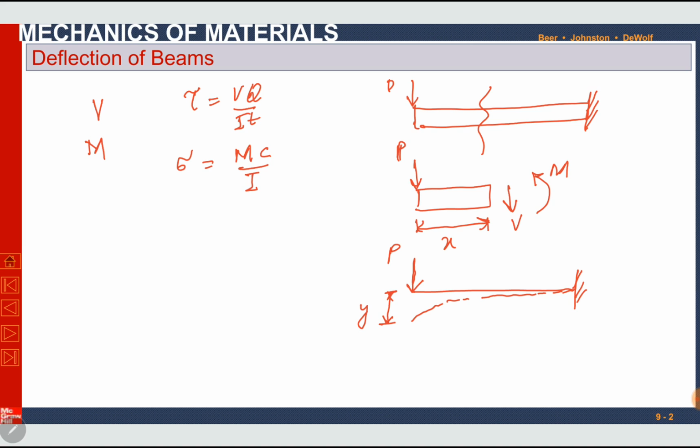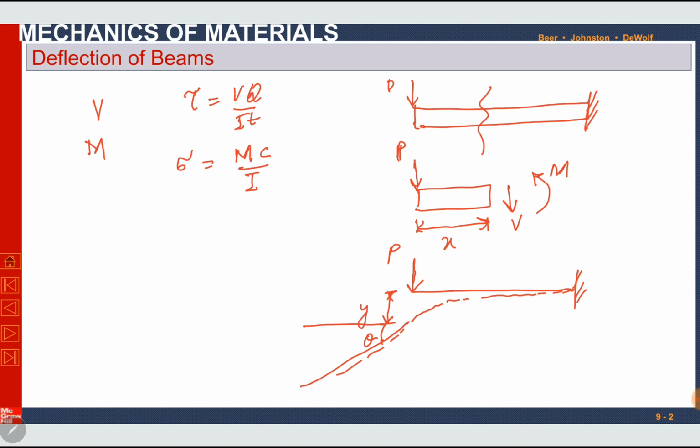This deflection y will be calculated in this chapter. How to calculate it, we will learn different methods. And similarly, the slope of the deformed curve, theta, at any point. So we will also study it in this chapter.